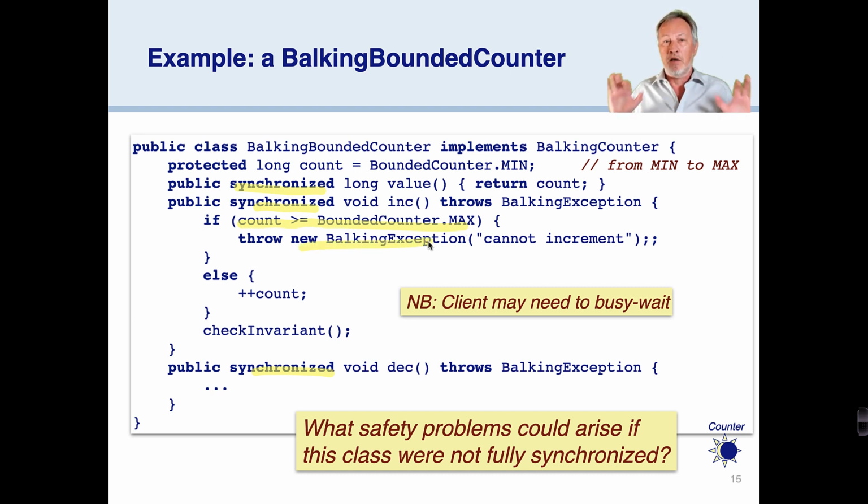So this is what balking means. Okay, I throw my hands up, I'm going to exit, and it's your problem. And this is perfectly fine design under certain circumstances. We'll see what this leads to, however. One question we'll consider in the discussion is what safety problems would arise if we didn't do any synchronization at all, if we simply eliminated all the synchronized.